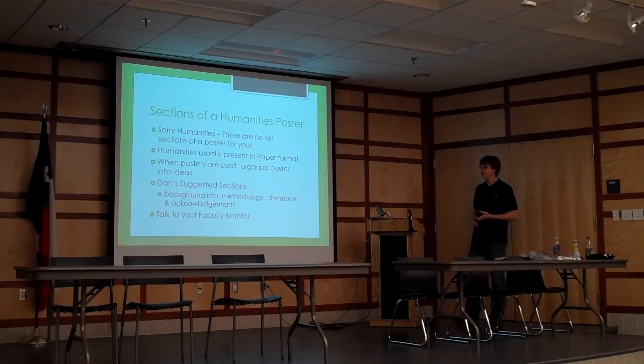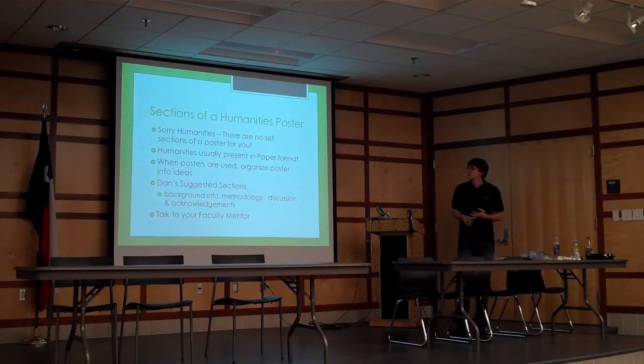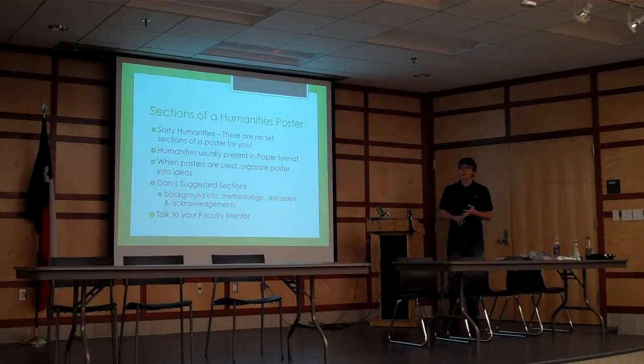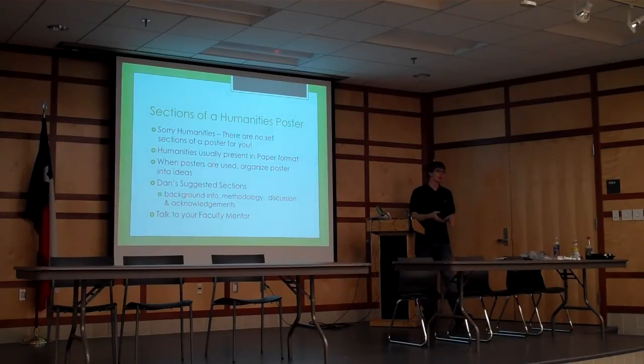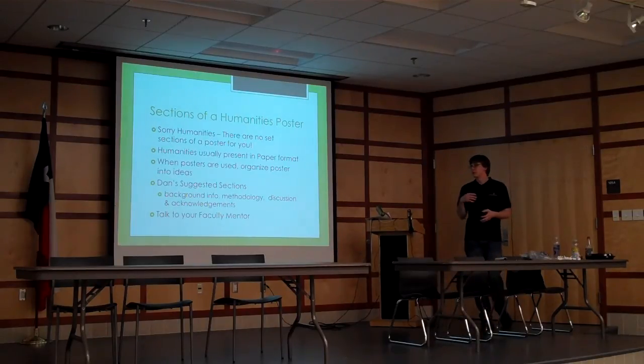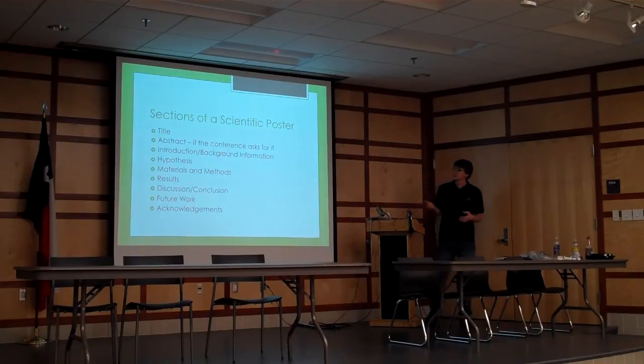You want to make sure that you mention the people that have helped you out, the people who have funded your group, your research in particular maybe. But there's really not any guidelines for humanities posters. It falls into anything related to the scientific method, testing a hypothesis, collecting data, analyzing that data. You can pull more from the scientific poster outline here.